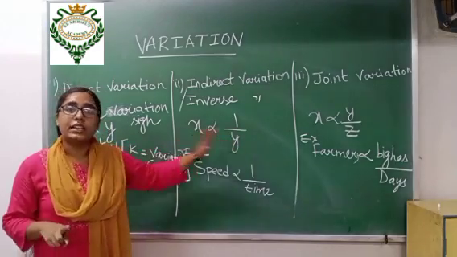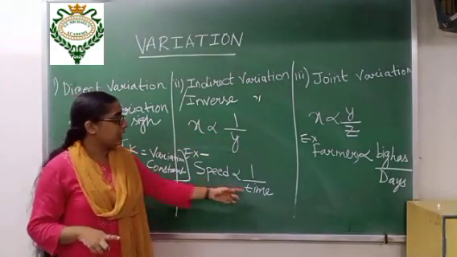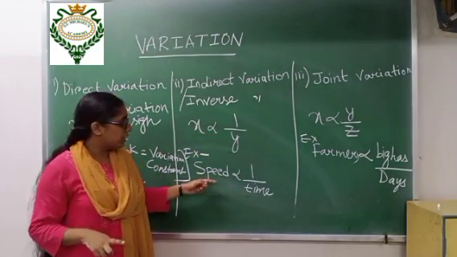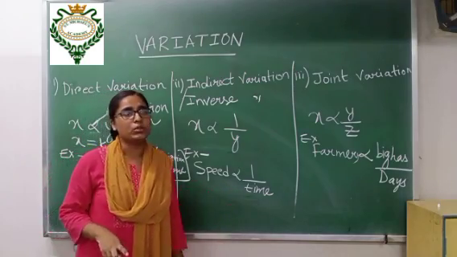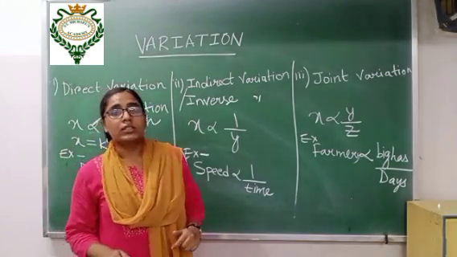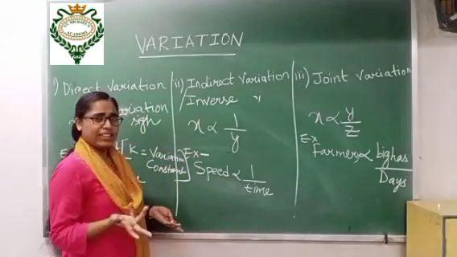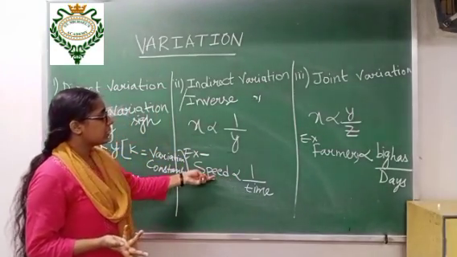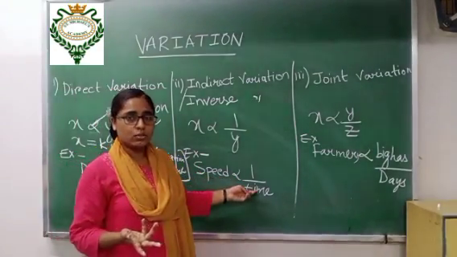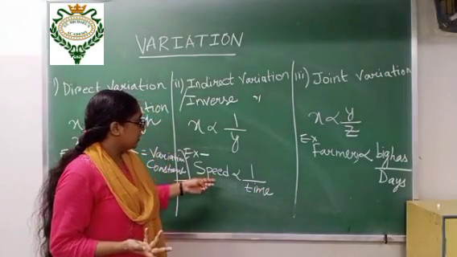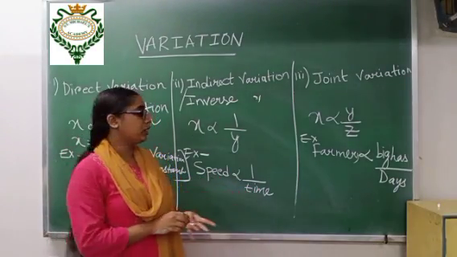I am giving one example, speed and time. When you are using any vehicle, when you increase the speed, time will decrease. So the relation between speed and time is an inverse variation.